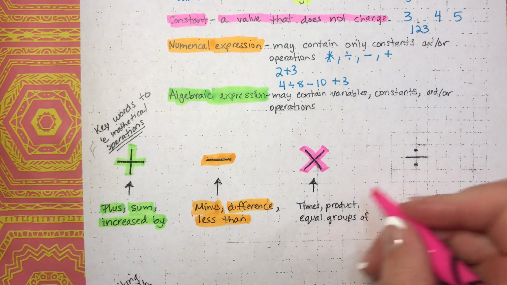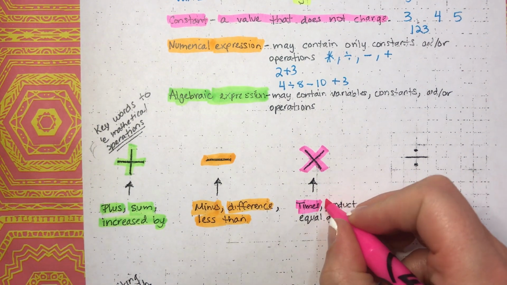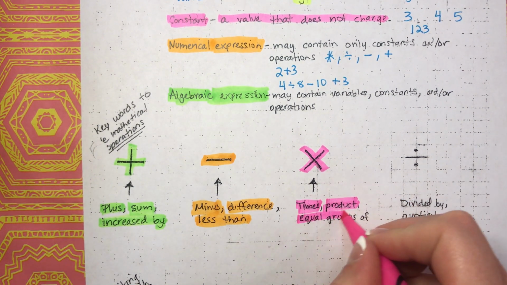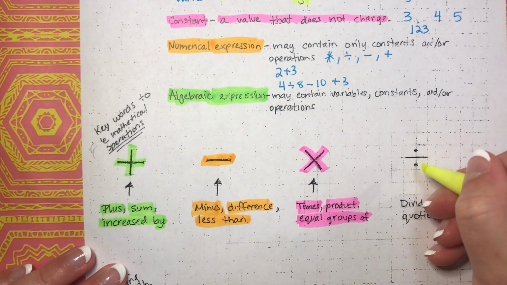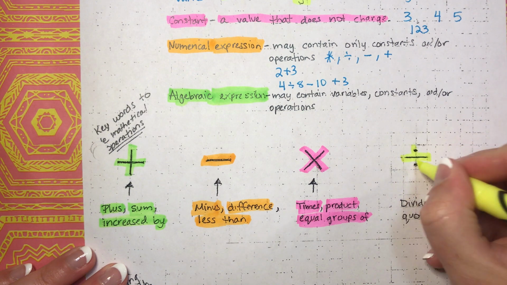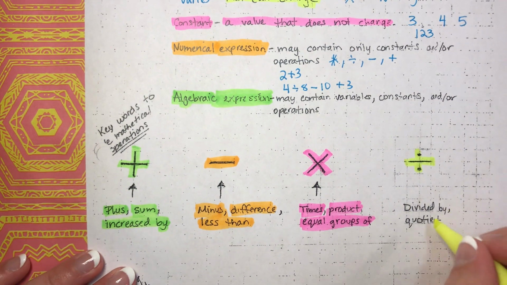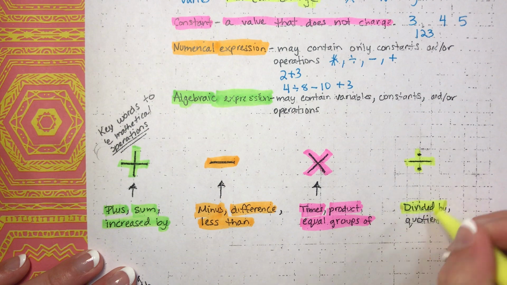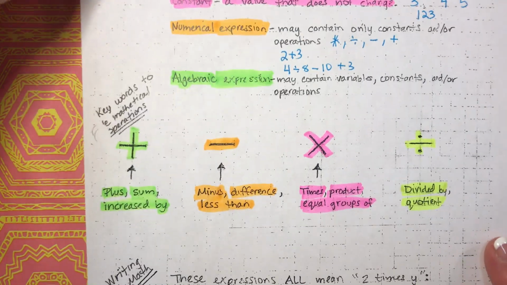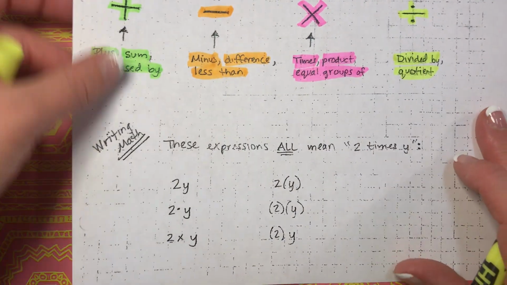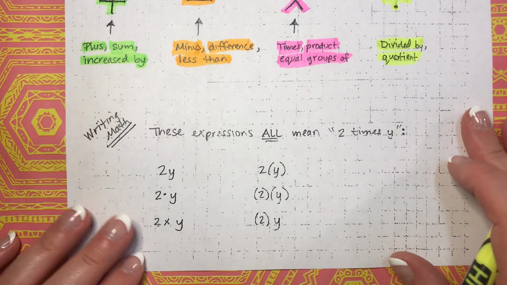Now, the keywords for multiplication are times, product, and equal groups of. All of those keywords mean that you're dealing with the operation of multiplication. And then lastly, we're dealing with division. So the keywords for division would be divided by and quotient. Okay, so we're going to be using those keywords in the next few examples in just a minute.